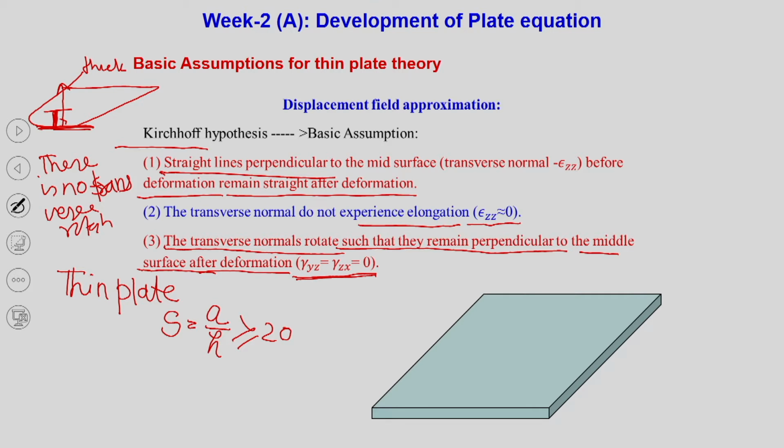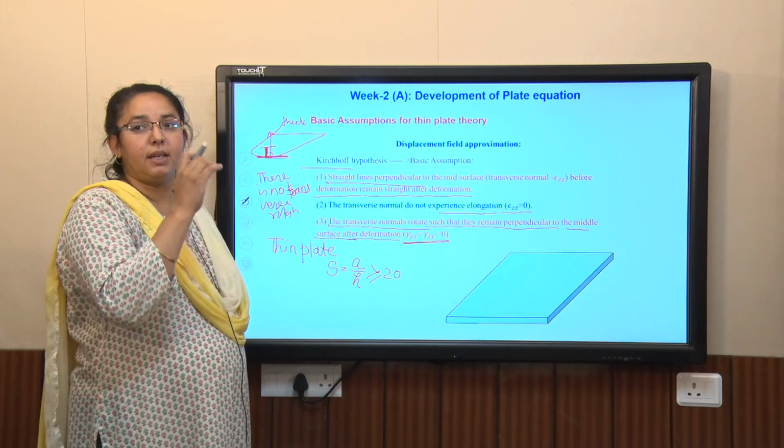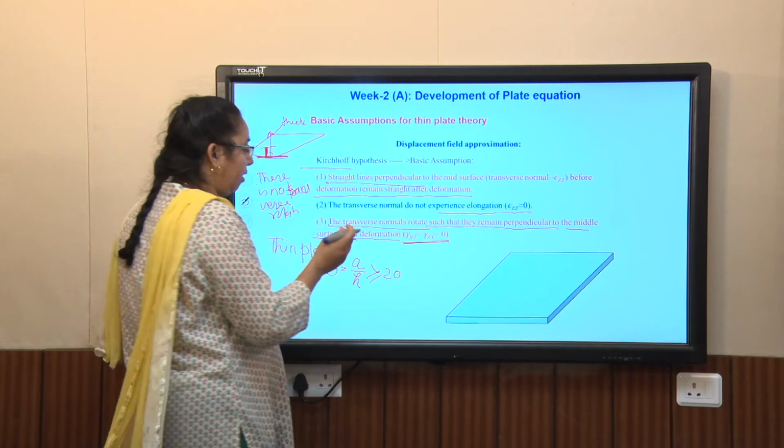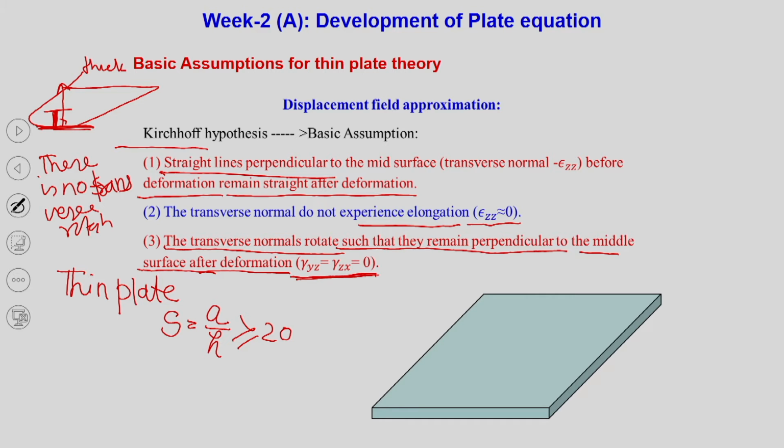The concept or physics behind this assumption is that since the plate is thin along the thickness direction and it is subjected to the small deformation case, meaning the deflection is very small, it will not cause any shear strain or any thickness stretching in the body. So, these are the basic assumptions.